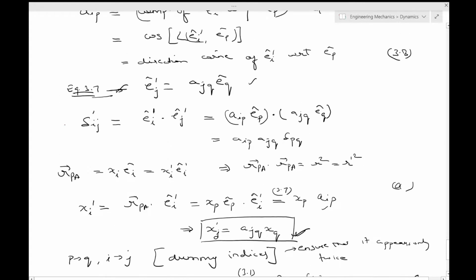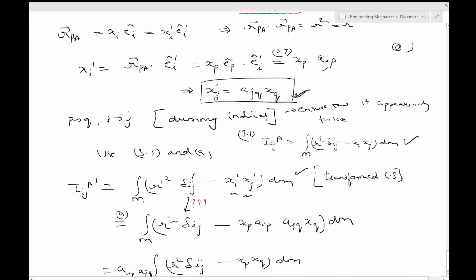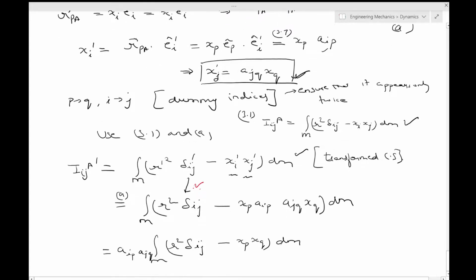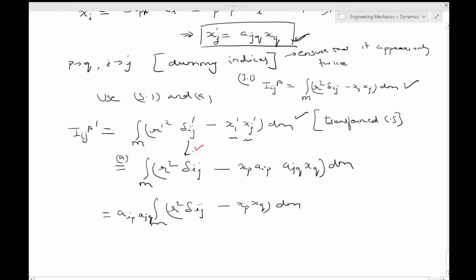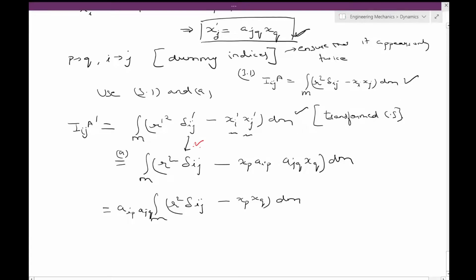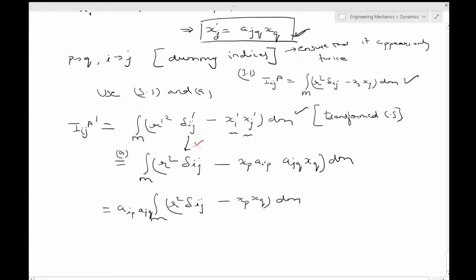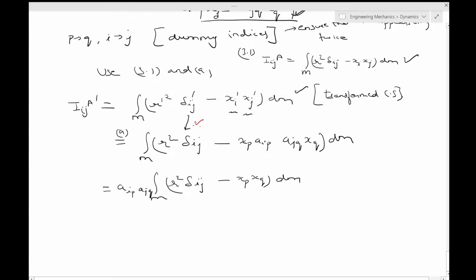Over here, delta ij dash is equal to a_ip a_jq delta_pq. So that has been used over here. Okay, so delta ij dash is not equal to delta ij. Okay, so that's good progress.